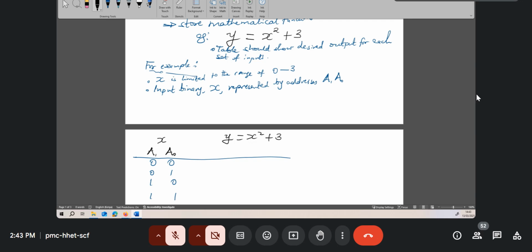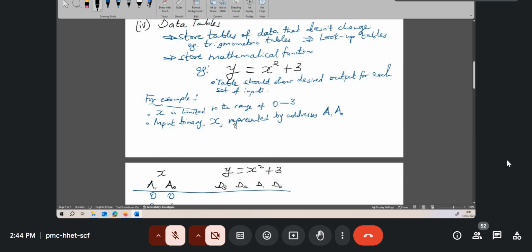So if we have a maximum possible value of 12, how many bits do we need to store y? 4. Okay, yes, thank you. That's very correct. So our y will need 4 bits. So those 4 bits we can label them as such.